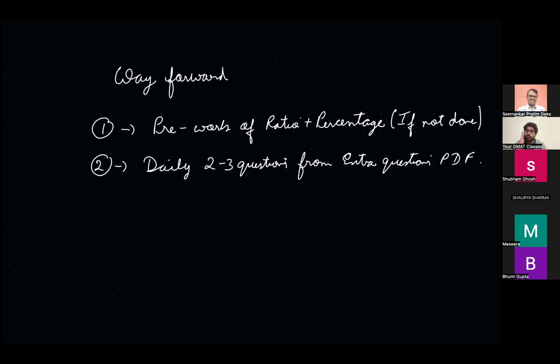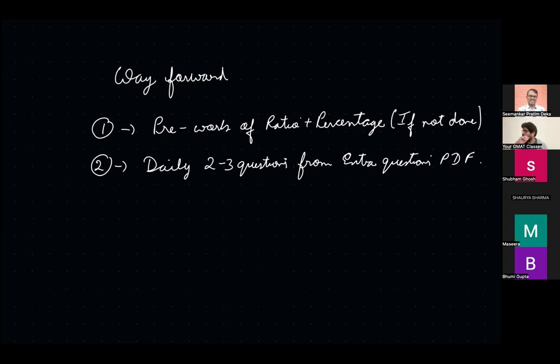You only are supposed to do 2 to 3 questions every day from each. I will share one for ratios and one for percentage. So from each, only 2 to 3 questions. No one is asking you to finish it. The idea is that you should expose yourself to this topic every day for the next 2 weeks. Class, don't be in a rush, thinking, oh, I will sit today and finish all percentage questions. That's not how it works.